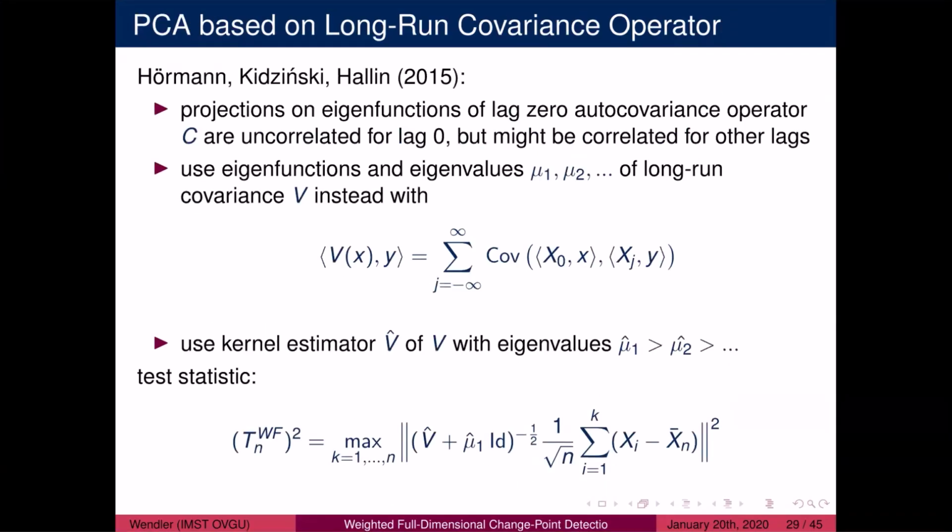You shouldn't really use the estimated covariance operator of your observations if you have time series data, if you have dependence in your data.